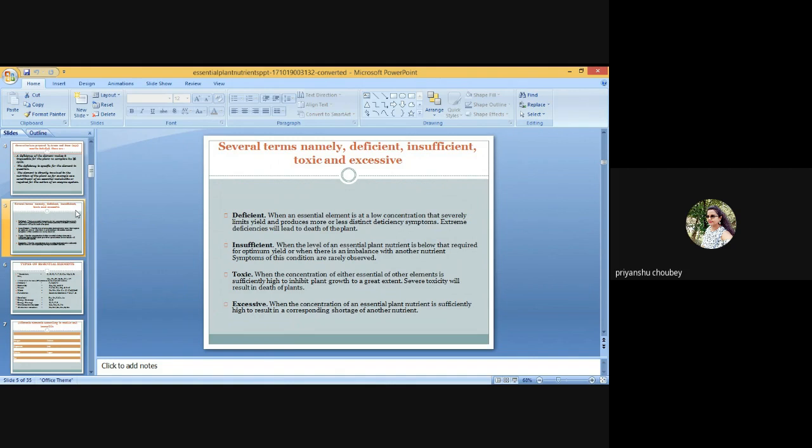The fifth period includes only molybdenum as a nutrient.